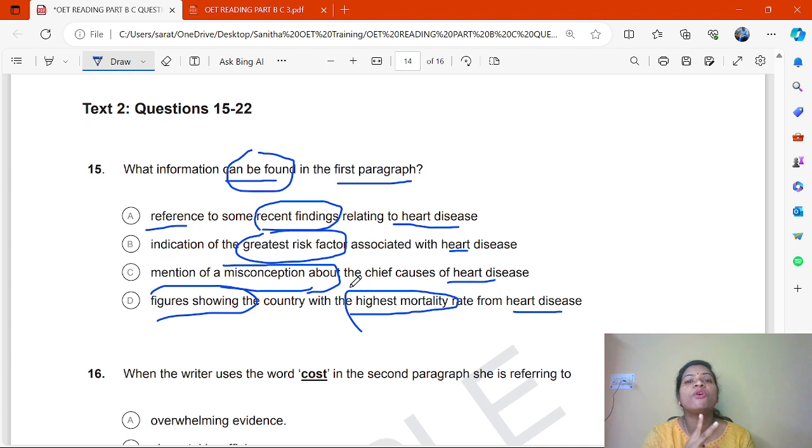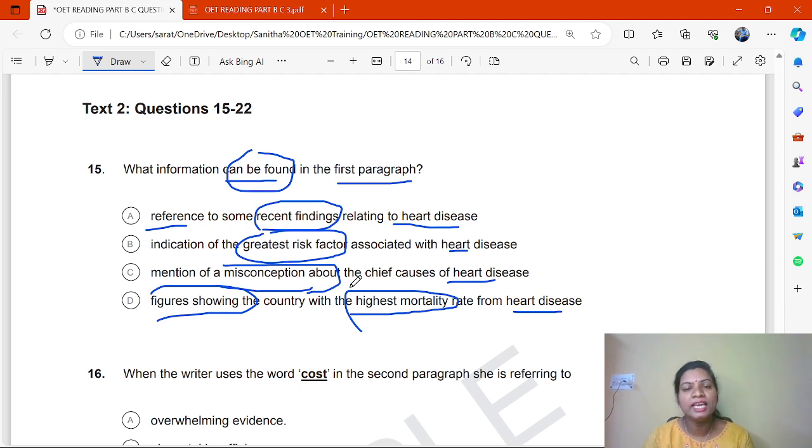Most of the time I have seen that two options are unnecessary. When you read the passage you can immediately eliminate the unnecessary options. That's why I'm telling you to first read the question and options, then the passage.